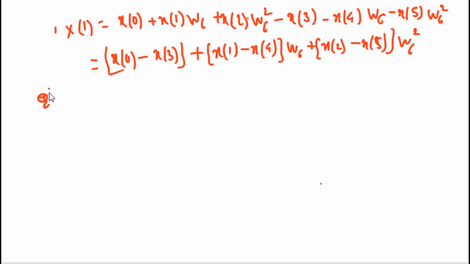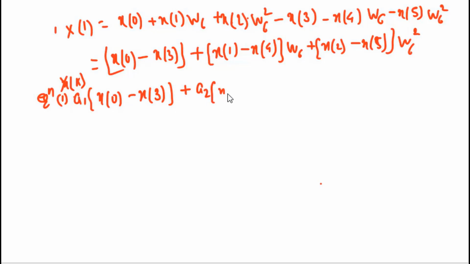Your equation 1 was given as a1 times x of 0 minus x of 3, plus a2 times x of 1 minus x of 4, plus a3 times x of 2 minus x of 5.